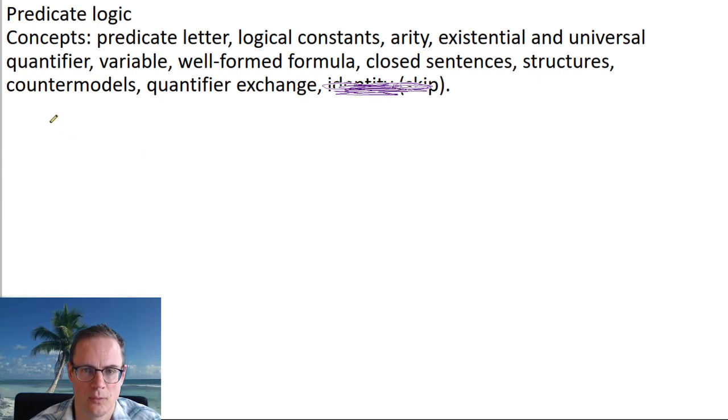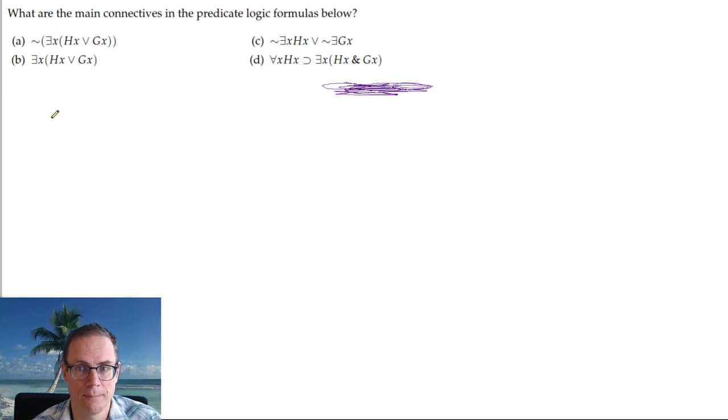I think one good exercise is similar to the one we did with propositional logic. Identify the main connective. Let's look at some main connectives here. What is the main connective in the first sentence? It's not true that there is an x such that x is h or g. Well, the main connective is not.